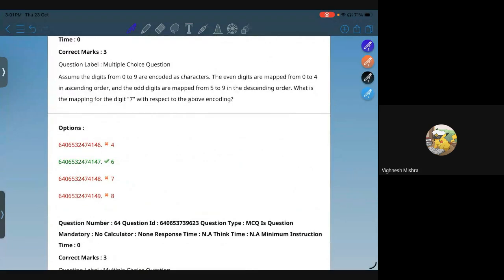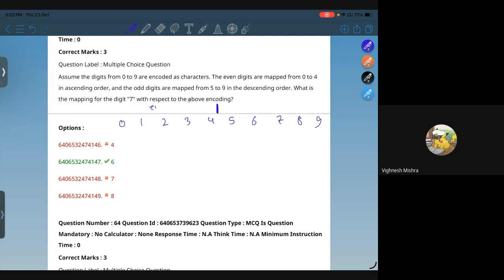Now assume the digits from 0 to 9 are encoded as characters. The even digits are mapped from 0 to 4 in ascending order, and the odd digits are mapped from 5 to 9 in descending order. Okay, this is 0, 1, 2, 3, 4. The even digits are mapped from 0 to 4, that is from here till here.